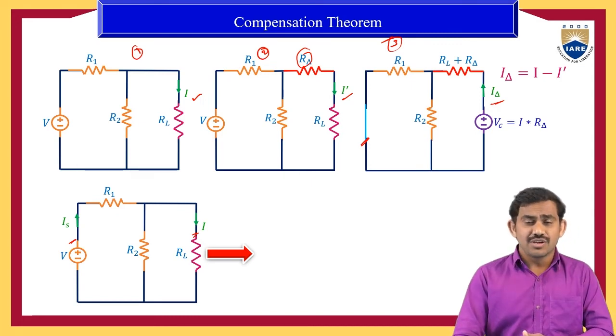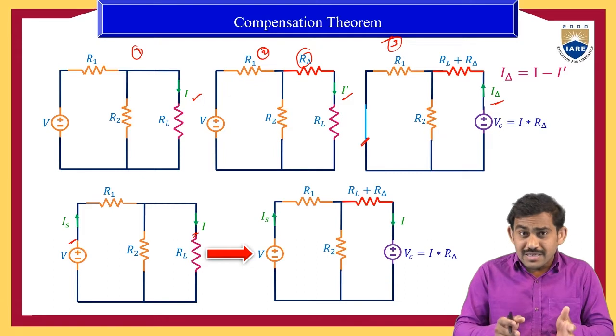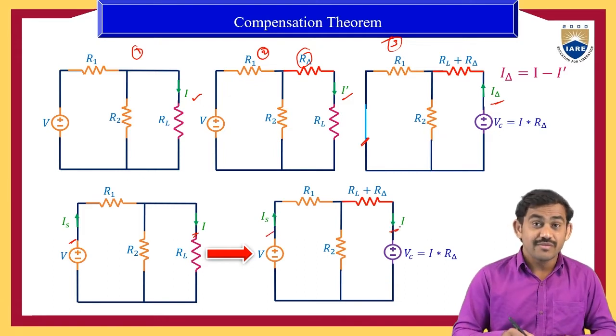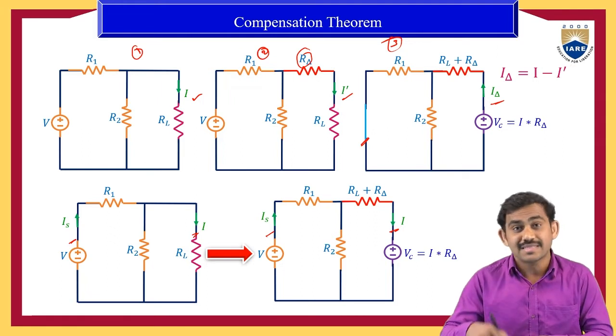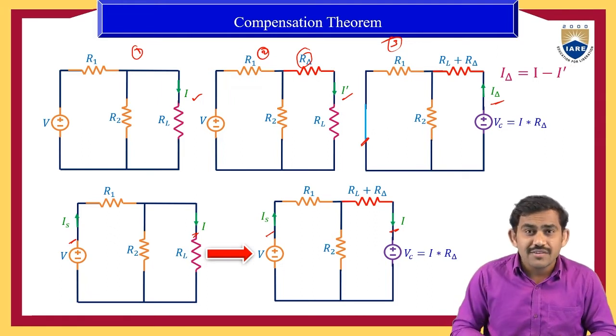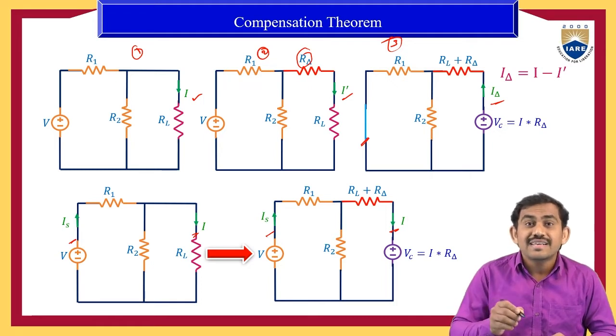So check the circuit now. This is your compensator circuit. The IS value is the same and your I value is the same. When the voltage is replaced in that branch, the voltage value is I into your changed resistor value, that is R delta.